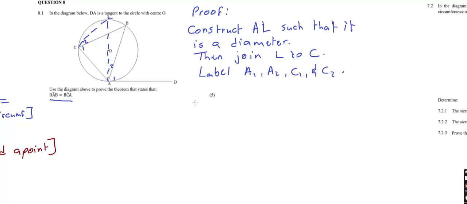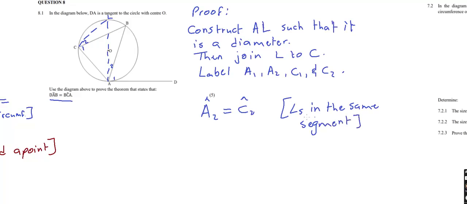So we can start talking about that. C2, or rather let's start with A. A2 is equal to C2 because these are angles in the same segment. They are subtended in the same segment.